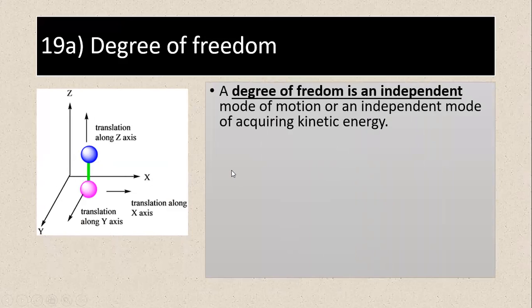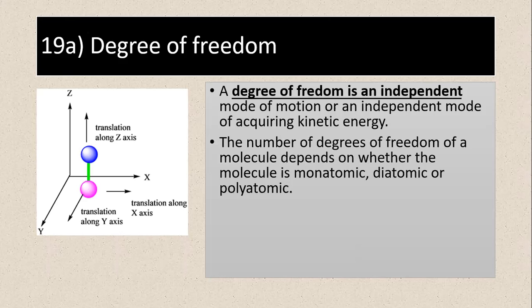What's degree of freedom? Memorize. It is an independent mode of motion, or an independent mode of acquiring kinetic energy. The number of degrees of freedom of a molecule depends on whether the molecule is monoatomic, one atom, diatomic, two atoms, or polyatomic, more than two atoms.